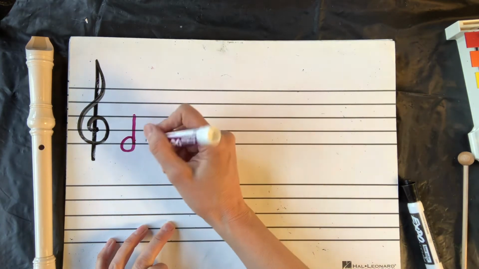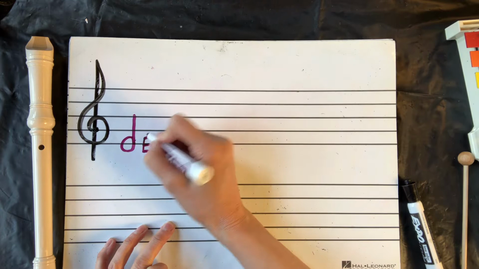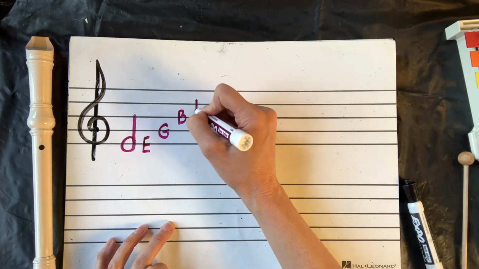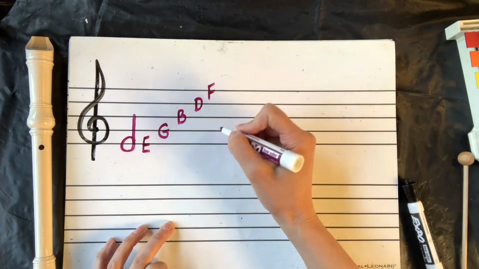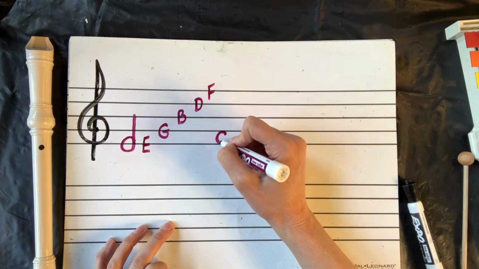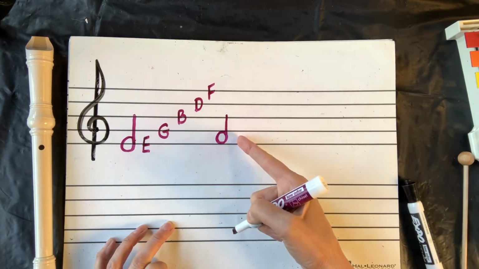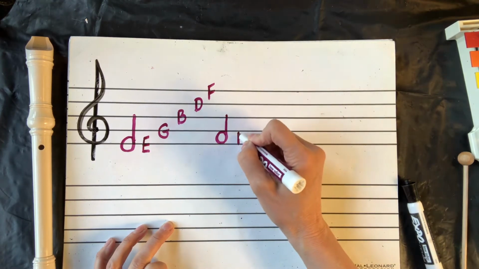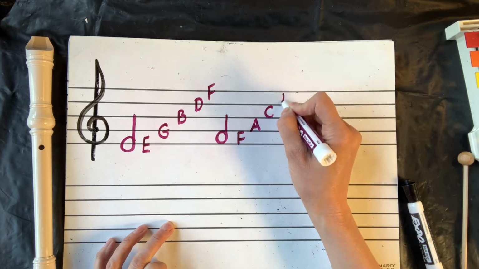And we have a sentence that helps us: Elvis goes bombing down freeways. We have also said if a note is centered on a space, we name it by the space it is centered on. So each space has a name, and we have said space, face, space, face.